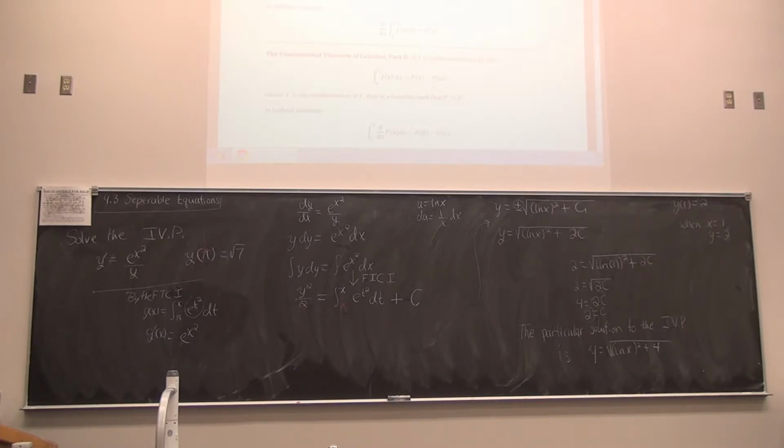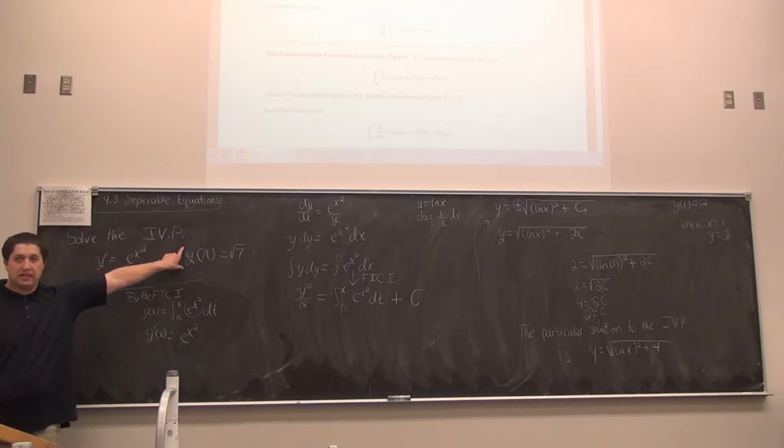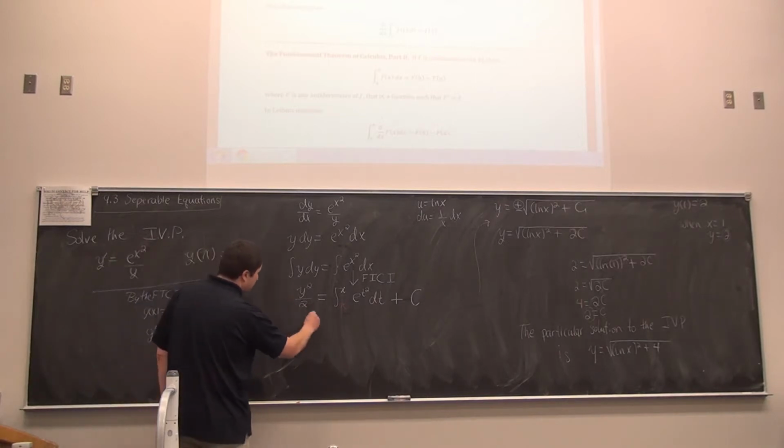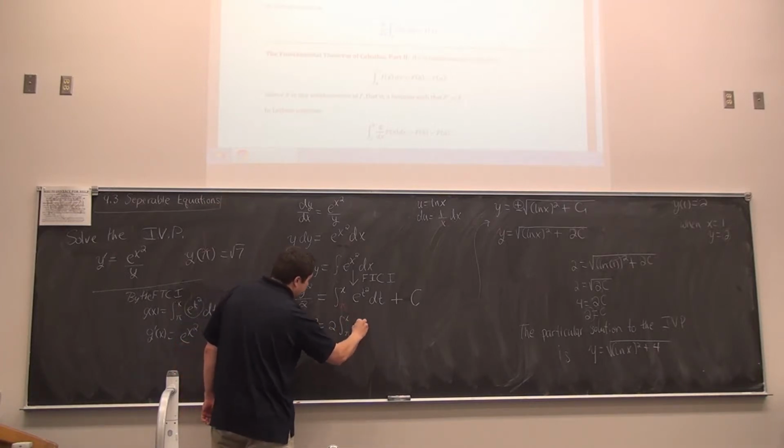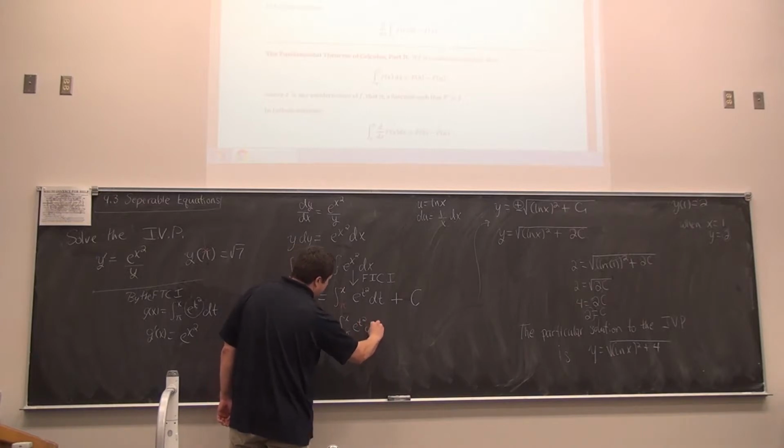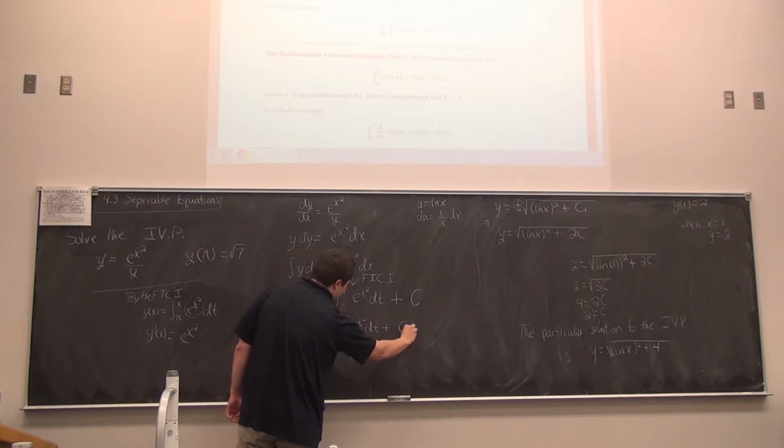Okay, so we have two things to do still. We need to solve for y, and we also need to solve the initial value problem. So let's now multiply both sides by 2. Y squared then becomes twice the definite integral from pi to x, e to the t squared dt, plus, I'll call this a c1.